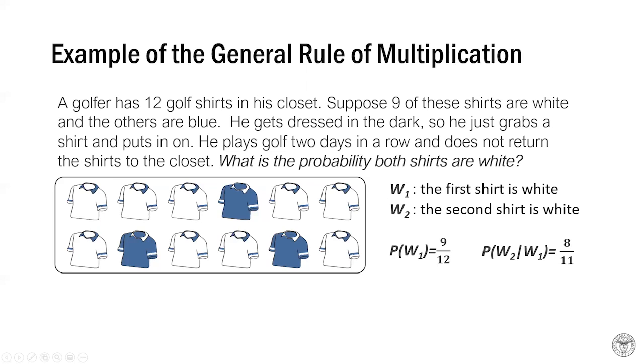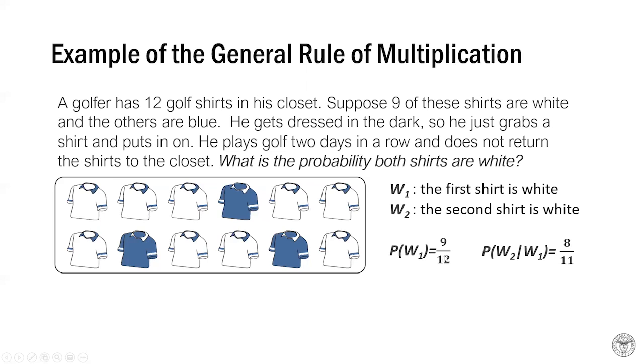To do the computation, we may first define W1 as the event that the first shirt is white, and W2 as the event that the second shirt is white. Given that there are 12 shirts and 9 of them are white, the probability that the first shirt is white is given by 9 over 12.